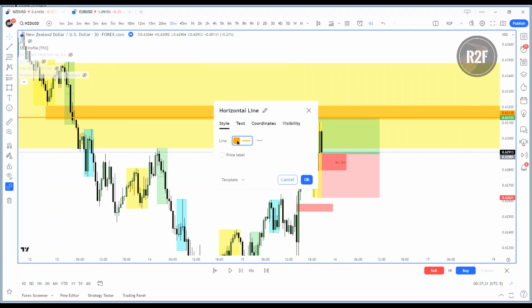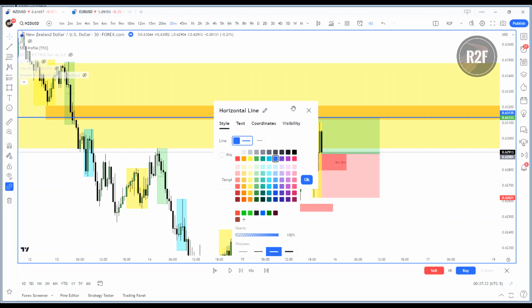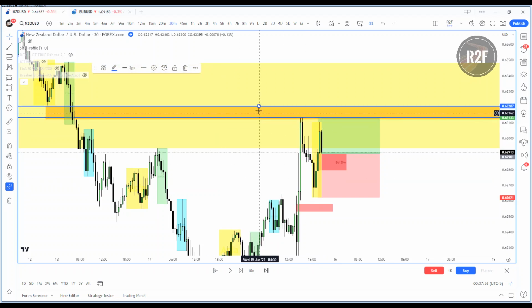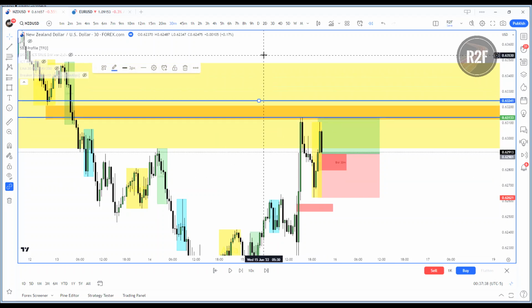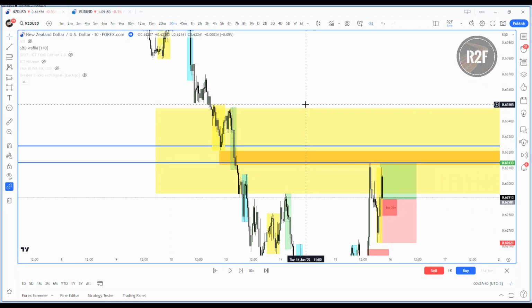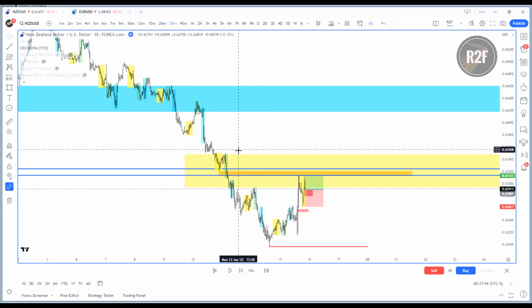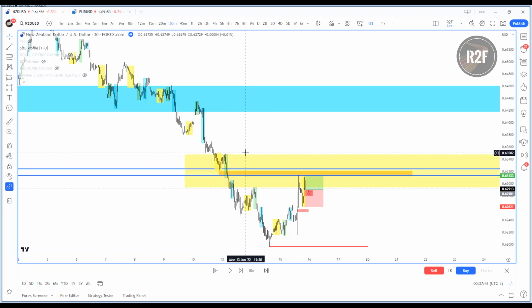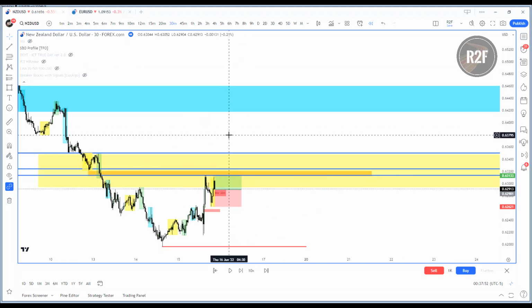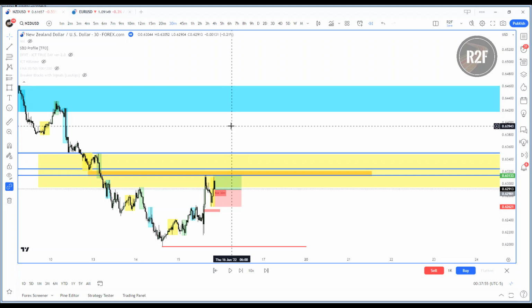Let's just make it blue. Okay, it's partial one, partial two. There's all this up here, which could be taken. You can have equal highs here, and this area here.